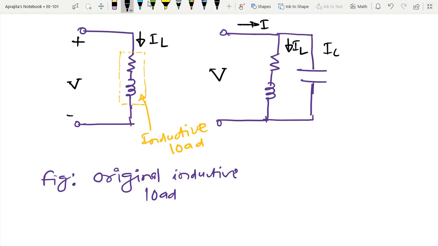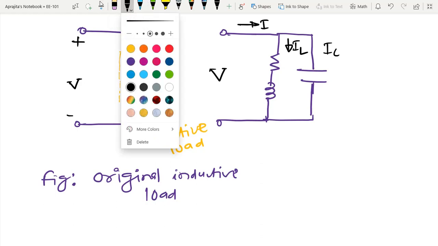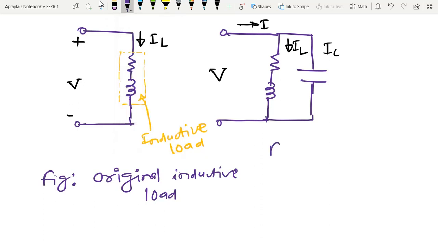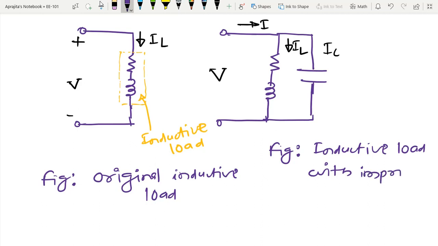So this figure is basically another figure. This represents the inductive load with improved power factor.